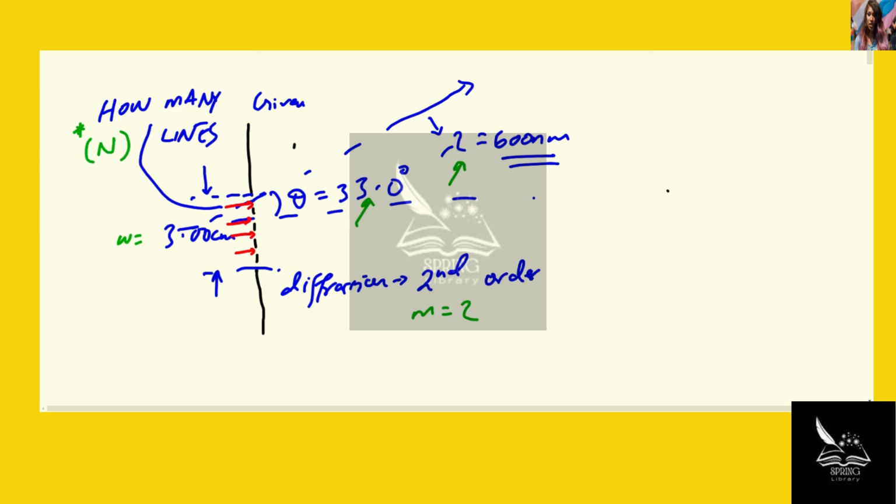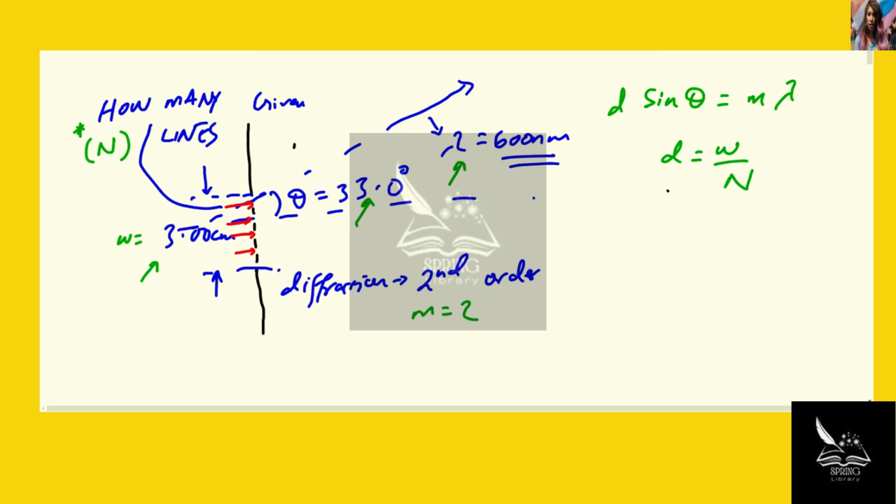That's what we want to find out. We do know that d sine theta is given by m lambda, and d is given by w all over n. Remember, w is the width, as you can recall.